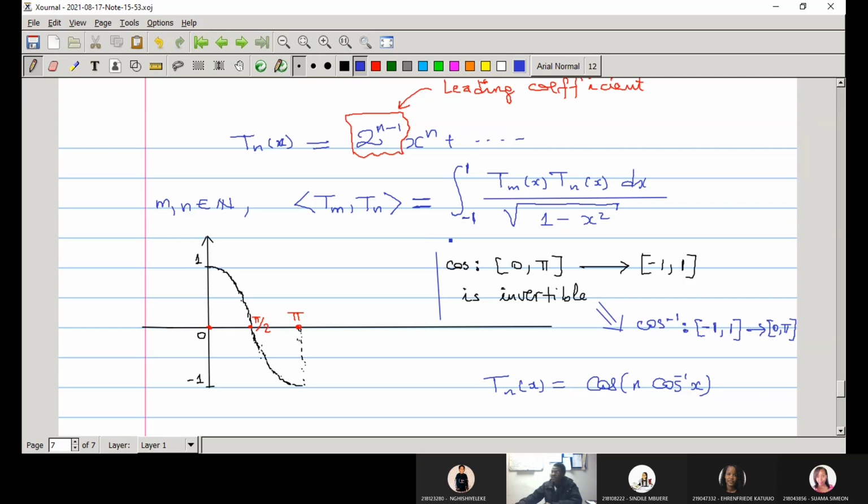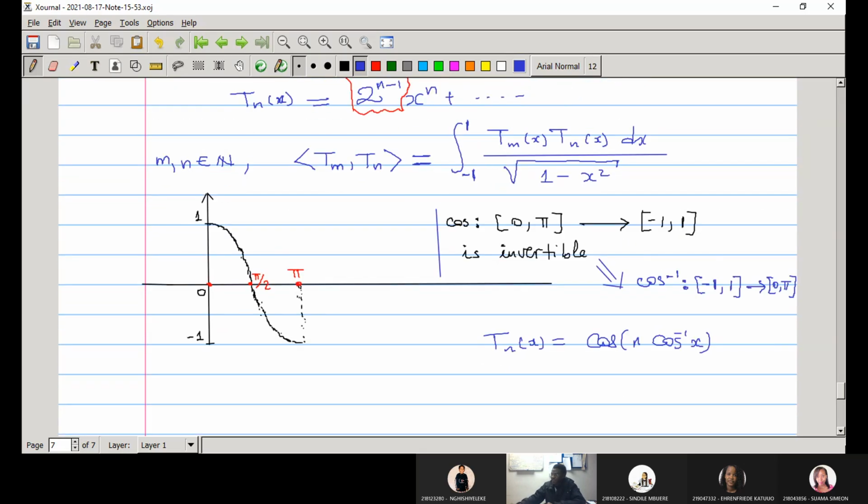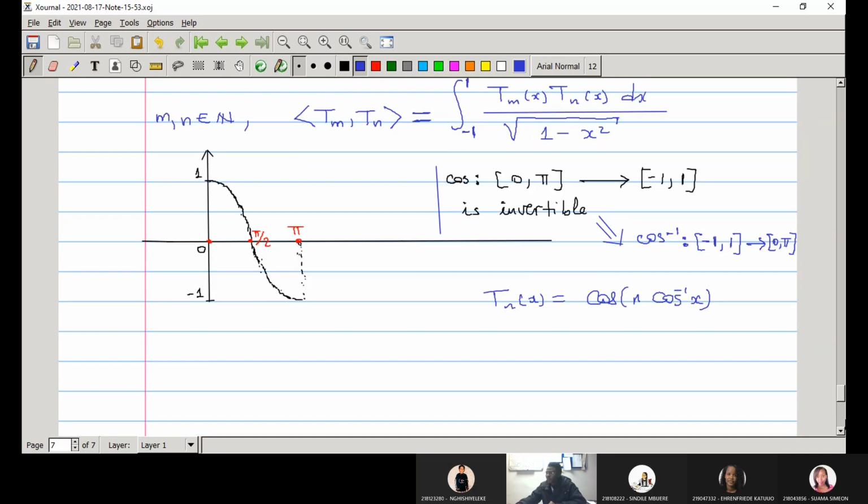Now in order to prove the orthogonality property, do you have a class? Normally in 1 minute it will be time. Do you have a class after this? Yes, sir.